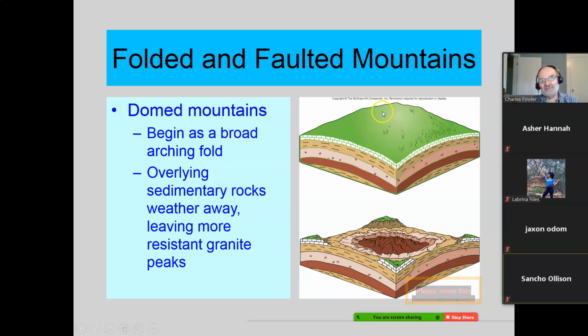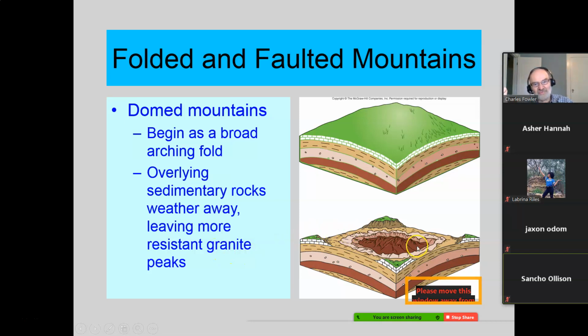The surface, now they don't mention this here, we're going to talk about it in the next chapter. Because it's getting stretched like this, it tends to crack and be fragile. And then where that happens, rain and wind come in and wash or blow it away. And you're left with the underlying areas, which could be resistant granite peaks.